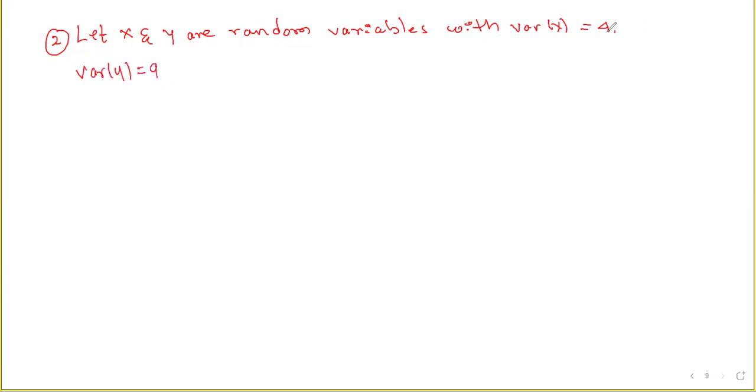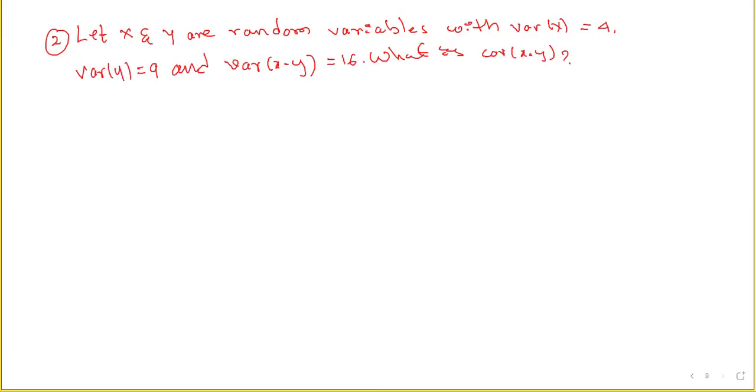Variance of x is 4 and variance of y is 9. And they gave one more piece of information: variance of x minus y is equal to 16. Then they are asking what is the covariance between x comma y?